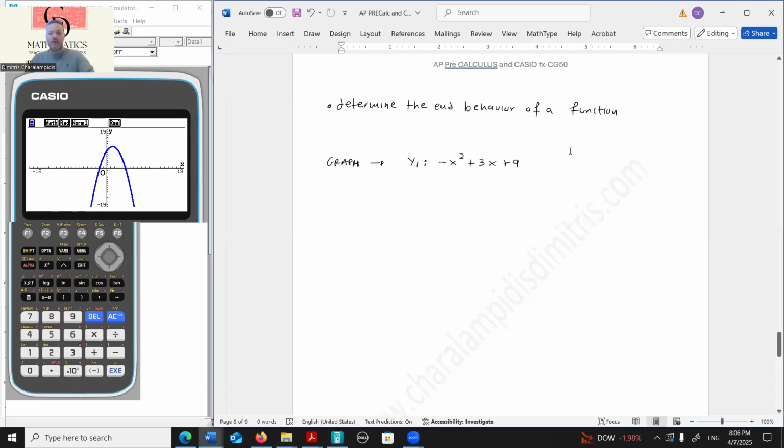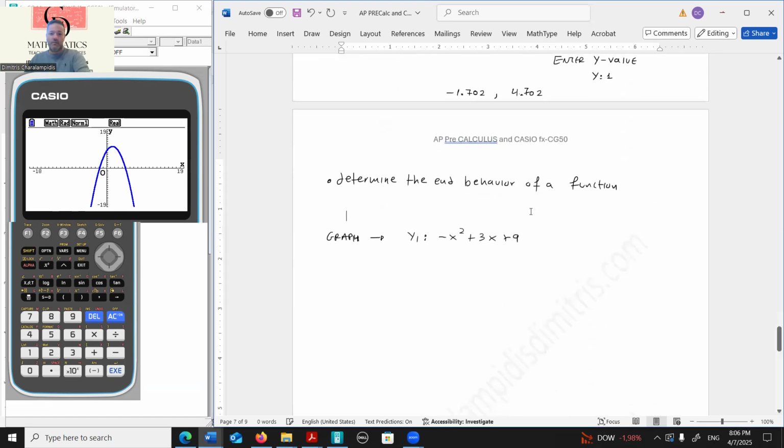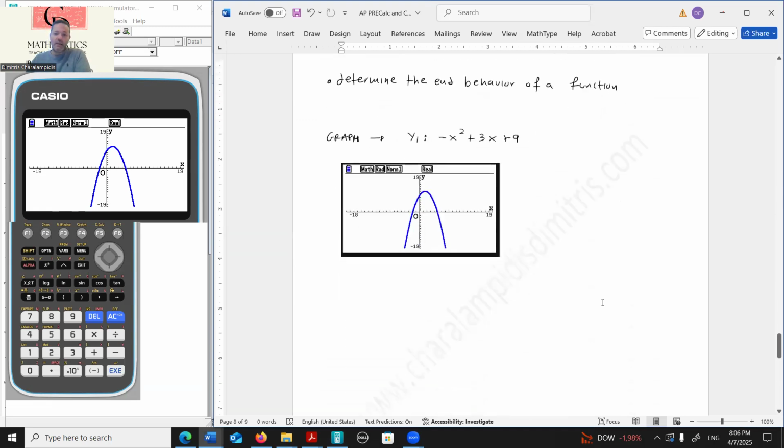We ended up with this graph from which we can directly see that as we get to plus infinity, the values tend to minus infinity, and also as we get to minus infinity, the values go to minus infinity as well.